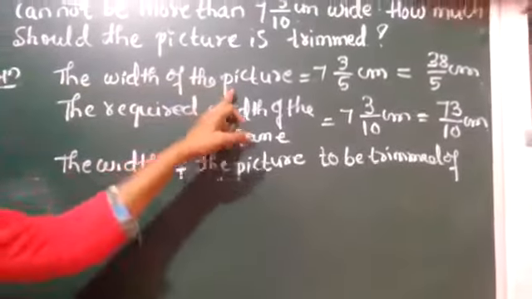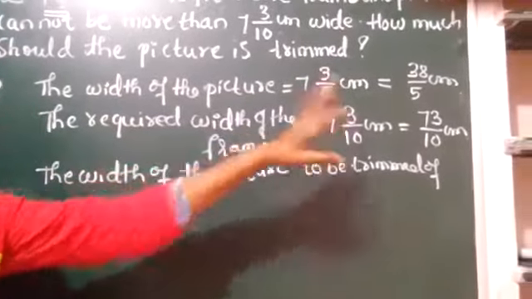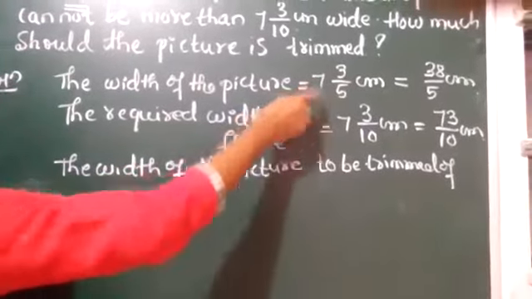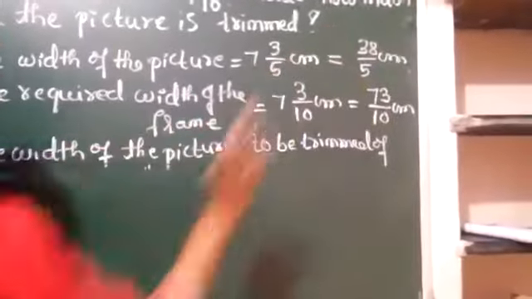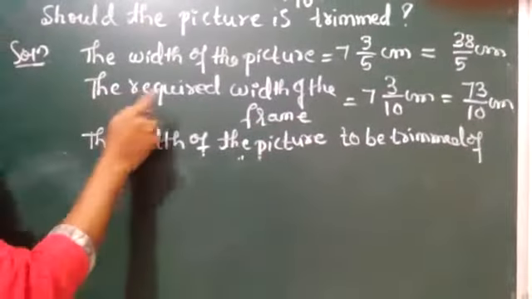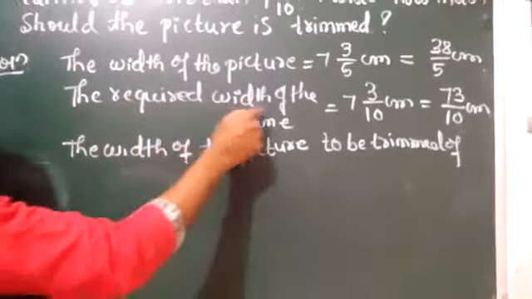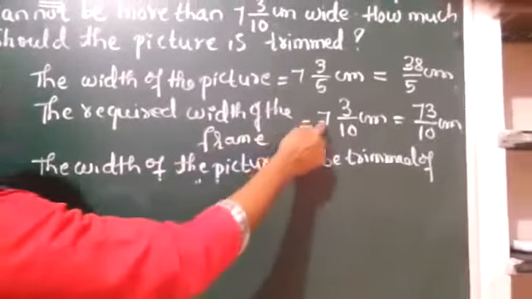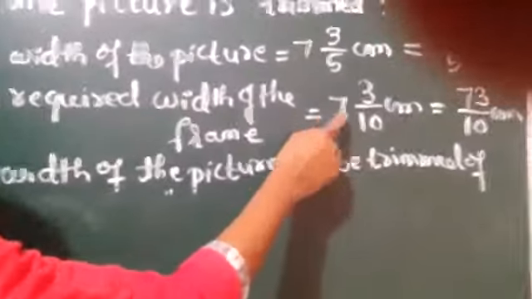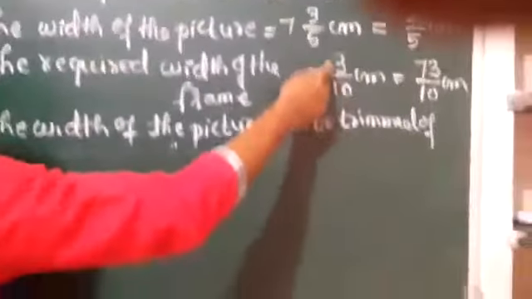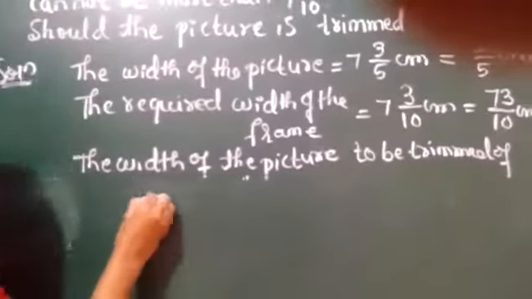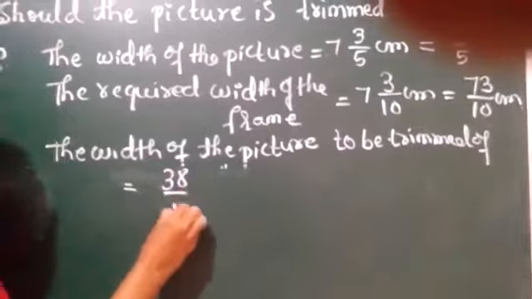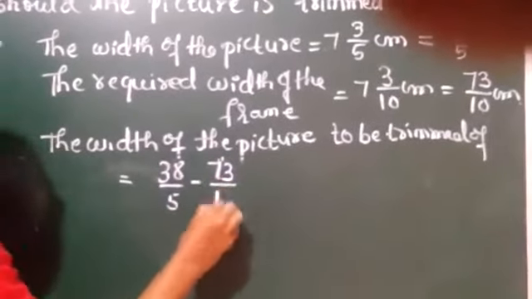The width of the picture is 3 3 by 5 centimeter. Next convert it into an improper fraction. 3 5s are 15, 15 plus 3, 18 by 5 centimeter. Then the required width of the frame is 2 3 by 10, means 20 plus 3, 23 by 10. Now the width of the picture to be trimmed off, what should we take? Minus. 18 by 5 minus 23 by 10.